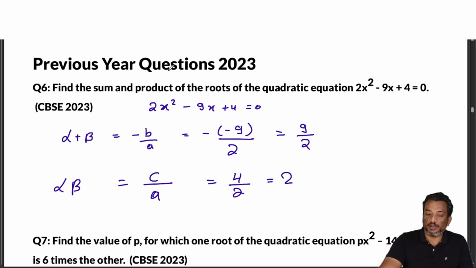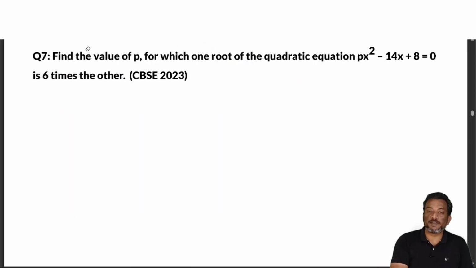Okay, now next one, the question is: find the value of p, if one of the roots of the quadratic equation px square minus 14x plus 8 is equal to 0 is 6 times the other. So the quadratic equation is given: px square minus 14x plus 8 is equal to 0.